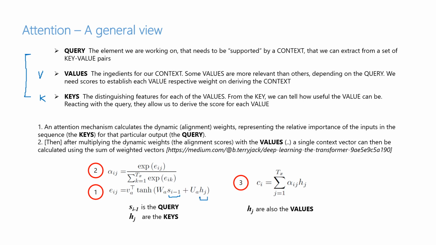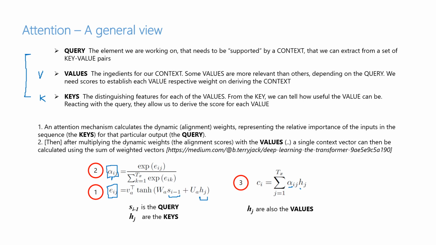And the encoder states were the keys that allow us to calculate the scores. Then we normalized the scores as attention weights, and then we could use these weights alpha to select a weighted sum of the values.